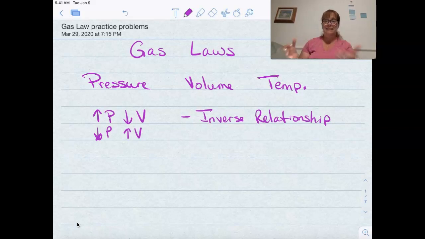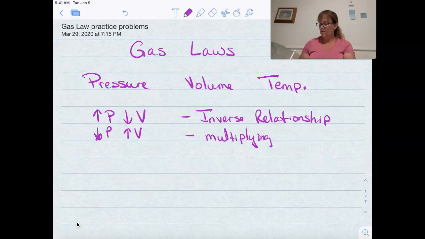We can calculate how much by multiplying, right? So we show inverse relationships by multiplying. What that means is if I know my initial pressure and my initial volume, and I change one of them, I should be able to calculate the other one.